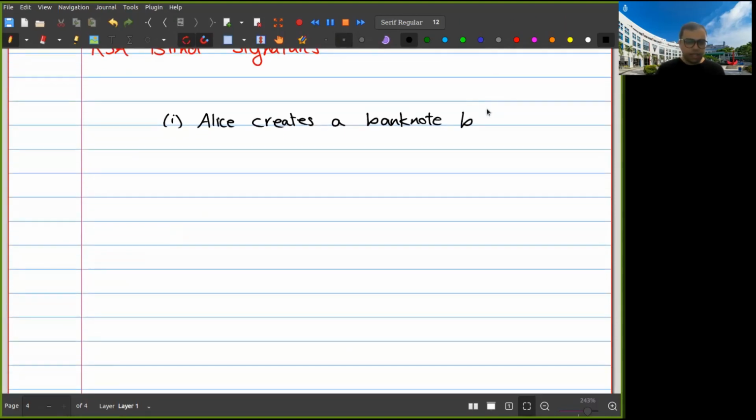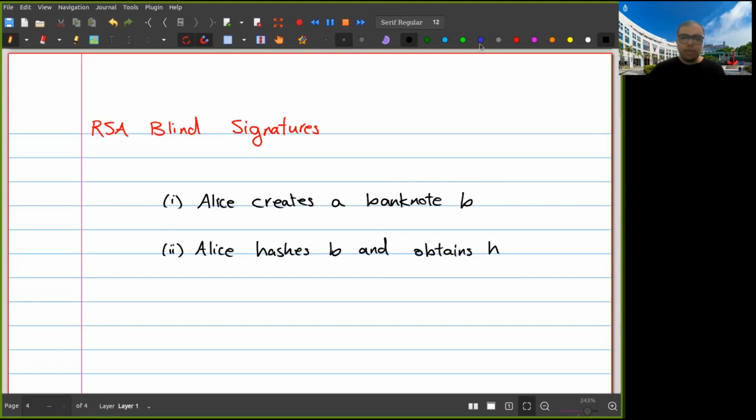Okay, so she creates a banknote B, and now we want the signature of the bank on B. Or to be more specific, we want the signature of the bank on the hash of B. So my second step is that Alice hashes B and obtains H. All of this is assuming that the bank has announced its public key, and we're using RSA.